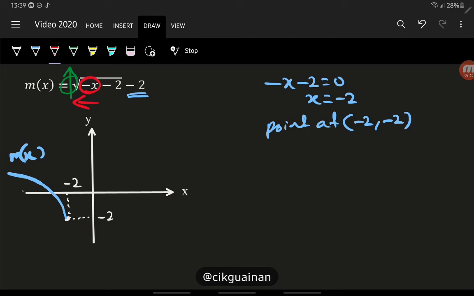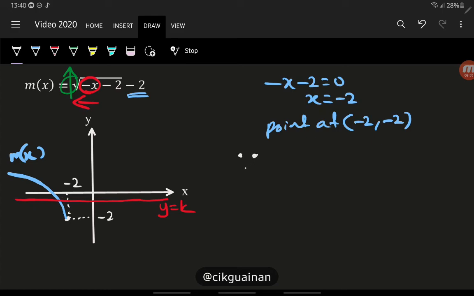Now we put a horizontal line, and then label it with y equals k. As you can see here, this one also, no matter how you drag the red line up and down, it always intersects once with the blue curve.